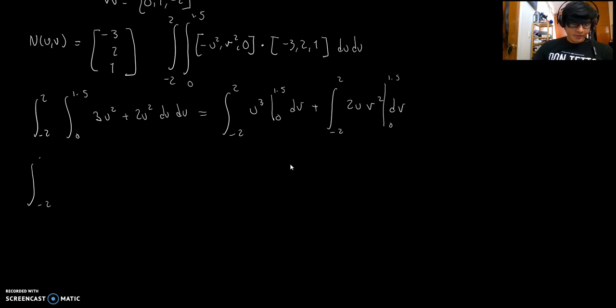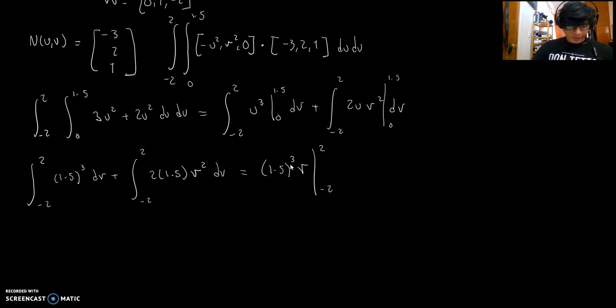So we have the integral from minus 2 to 2 of 1.5 cubed dv plus the integral from minus 2 to 2 of 2 times 1.5 v squared dv equals 1.5 to the third of v from minus 2 to 2 plus 2 times 1.5 v cubed over 3 from minus 2 to 2.